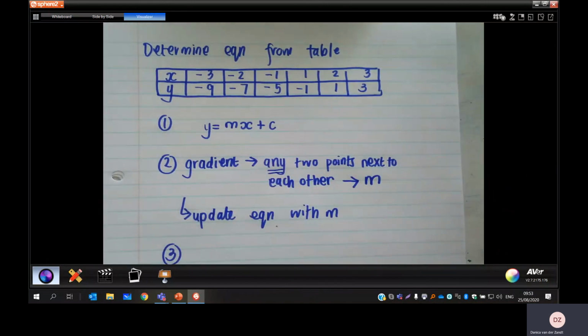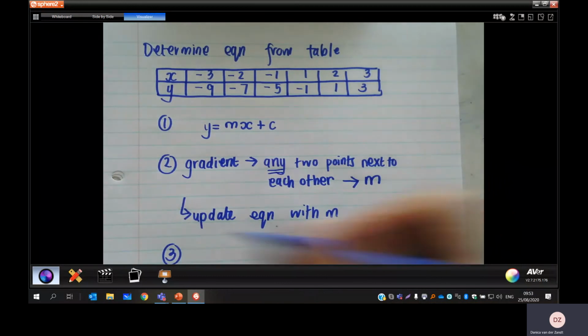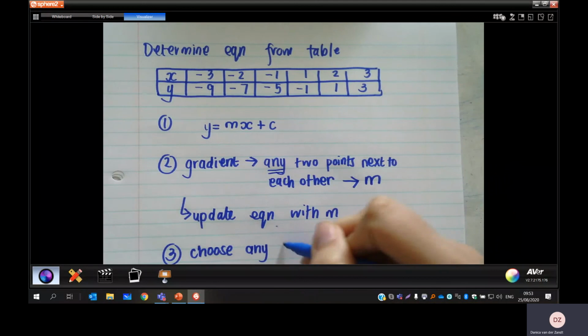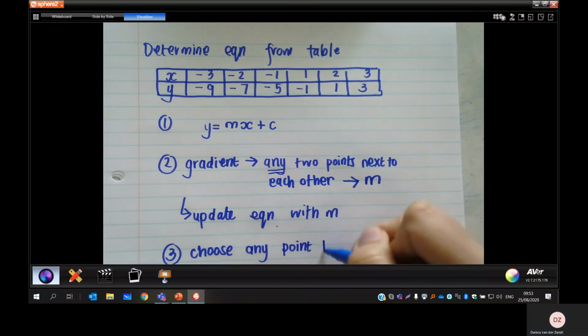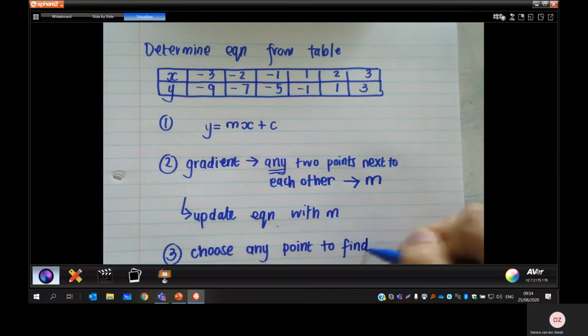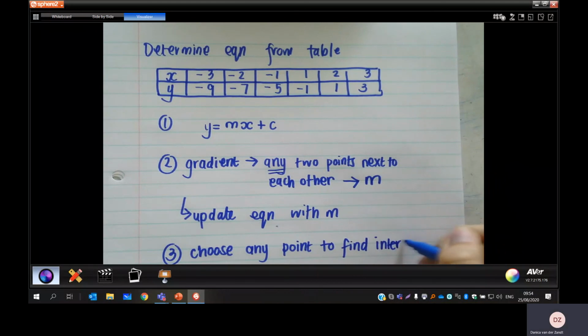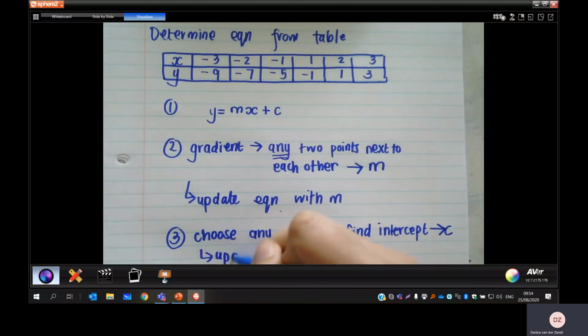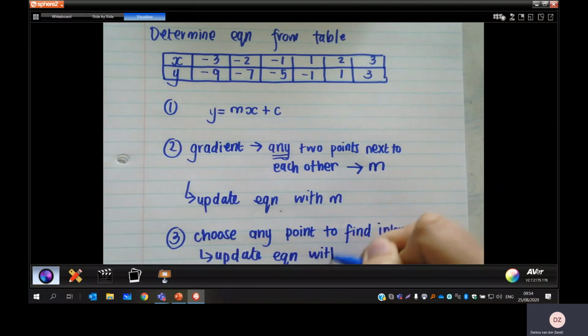And you're going to choose any point whatsoever to find your intercept. And that's it.